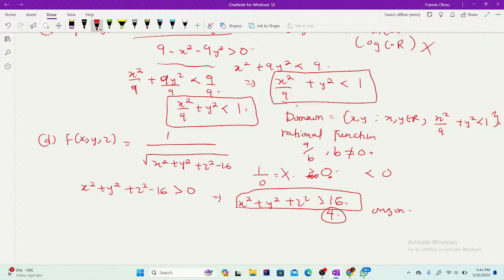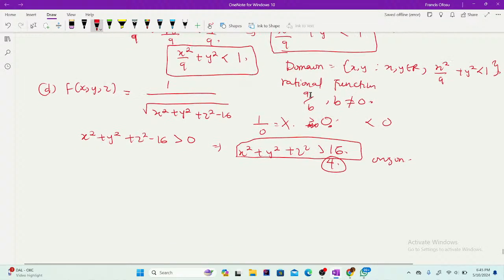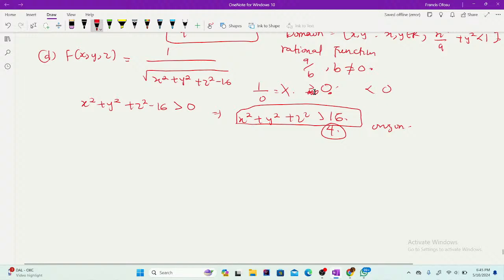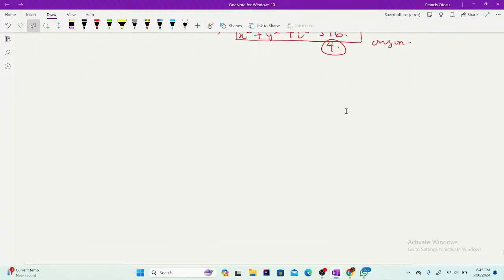So let's solve a couple of examples again and see how you go. So let's see.